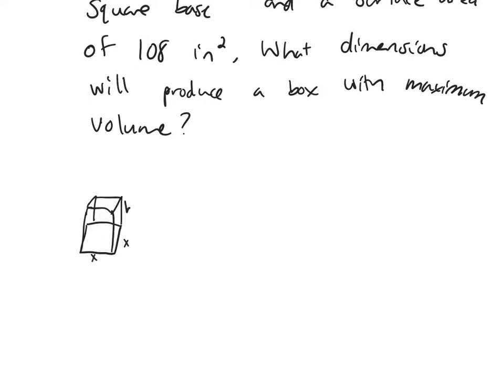And then we have a height h. So what are we trying to maximize? We're trying to maximize the volume of this, which is length times width times height, so it'll be x squared times h.